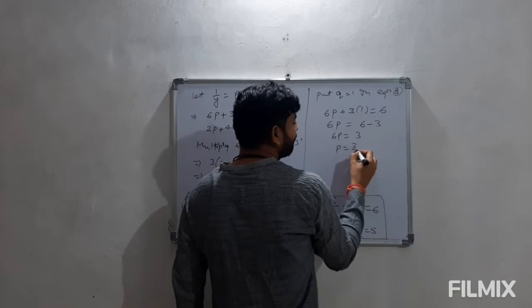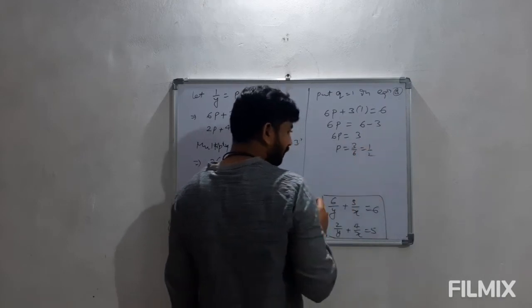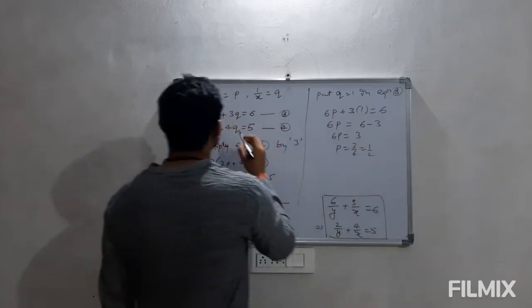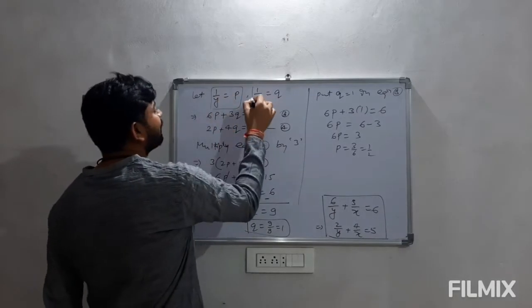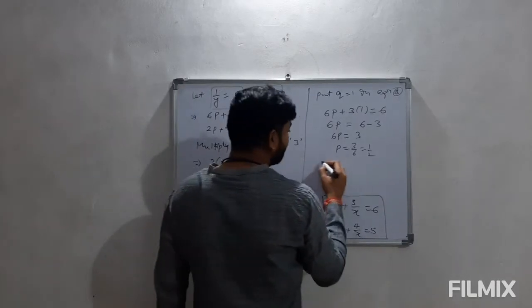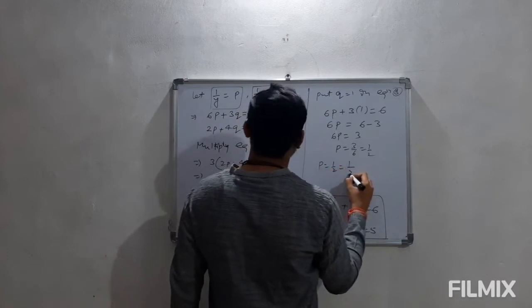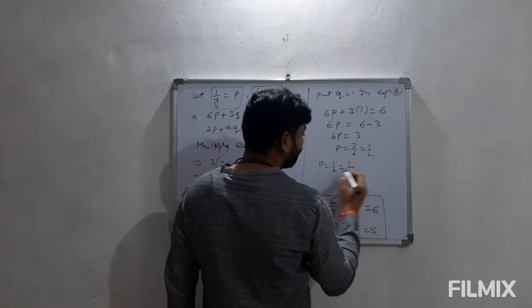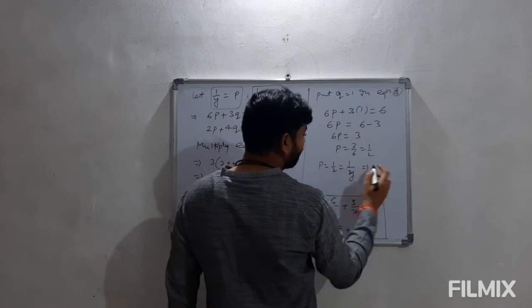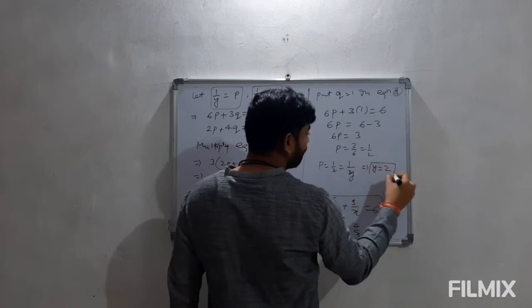So here p is 3 upon 6, which is nothing but 1 by 2. And as we have assumed p as 1 upon y and q as 1 upon x. So here p is equals to 1 by 2, which is 1 upon y. So here if we take the reciprocal, y is coming out to be 2.